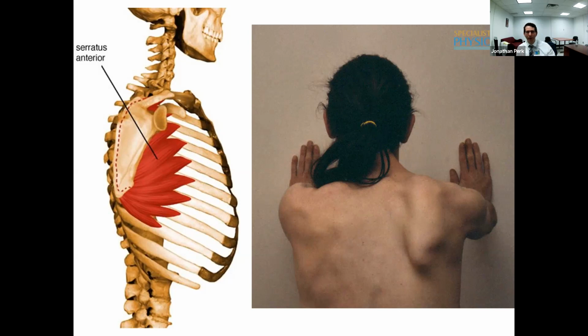There are three important muscles that you need to know that if they are weakened, then the scapula will change its location.